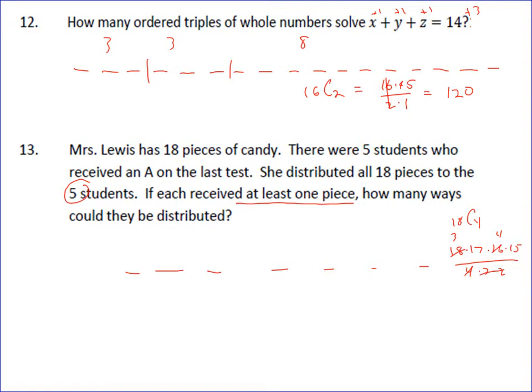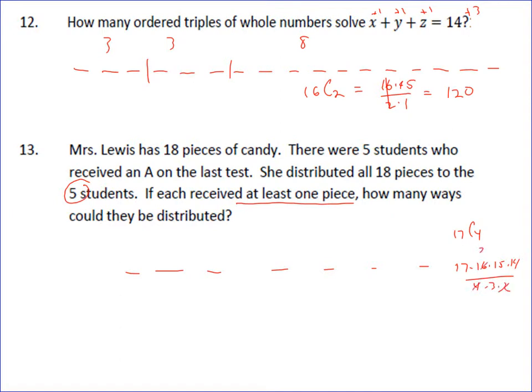times 15. And when you do 12 times 17 times 15, it's going to give you, oh, that's where we messed up. This actually should have been 17 choose 4 and not 18 choose 4, so we need to correct ourselves. It should be 17 choose 4 because there are 17 places in between. So 17 times 16 times 15 times 14 over 4 times 3 times 2.